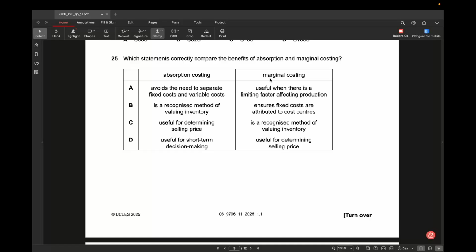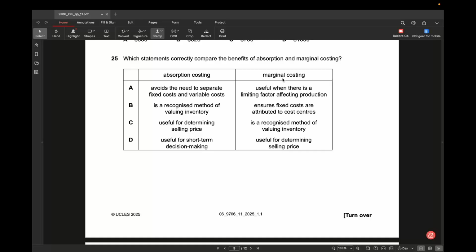For example, if we have fewer labor hours available, or if we have less material available to produce a product, then marginal costing will help us calculate the optimum utilization of those resources so that we can achieve maximum profit.